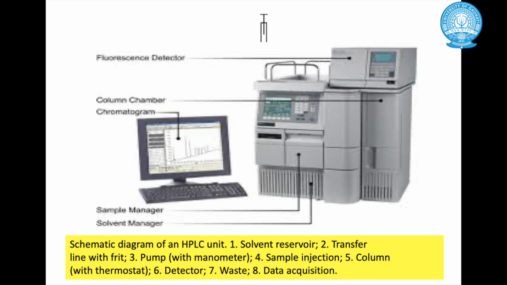The matrix has silica which is sometimes derivatized or sometimes not derivatized depending upon the chemistry of the column for the end use, that is the particular application. For example, if the column is to be used for secondary metabolite quantification or for amino acid or for triglycerides, depending upon that the chemical structure of the packing material is developed.